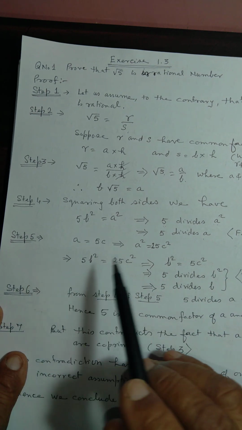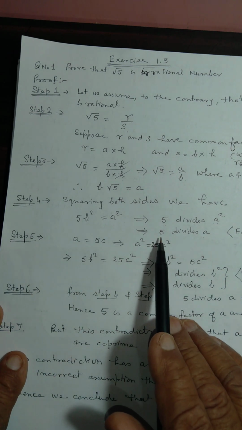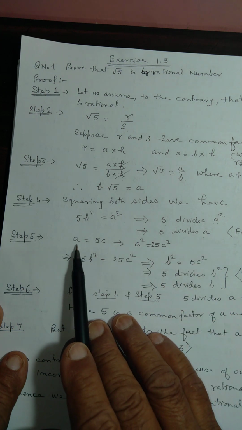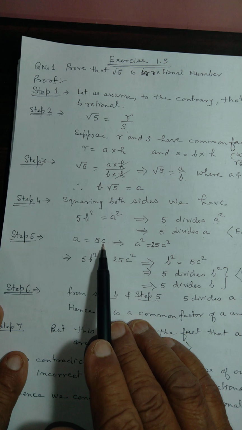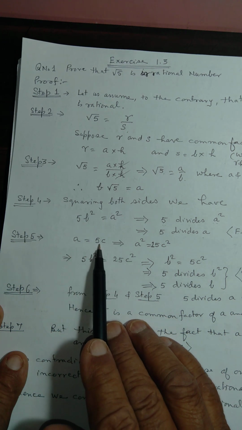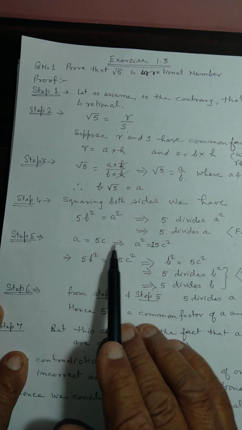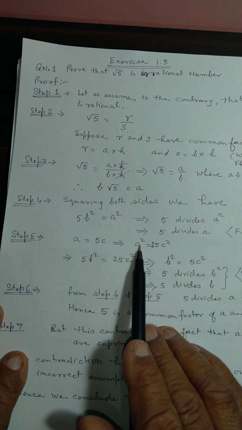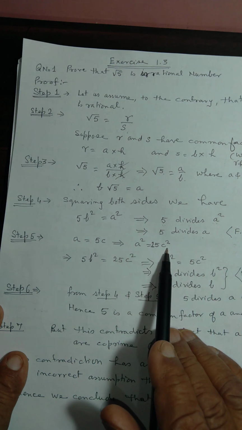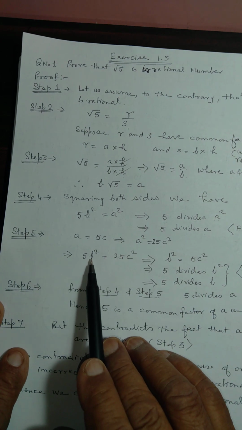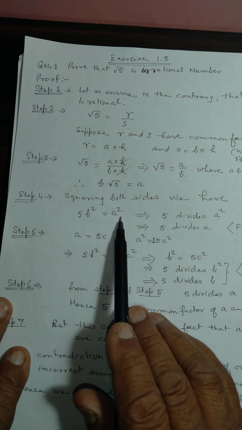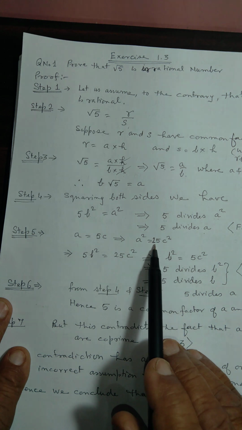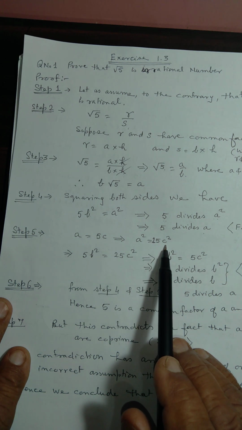Now step 5. Once 5 divides a, it means there would be some integer, let that integer be c. So a is equal to 5 into c. Now squaring, a square will be equal to 25c square. So here you see 5b square is equal to a square, and a square is equal to 25c square.